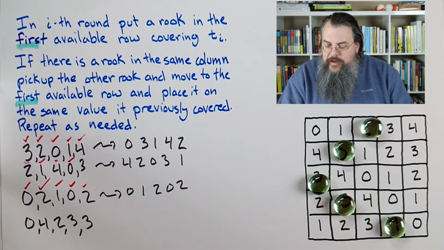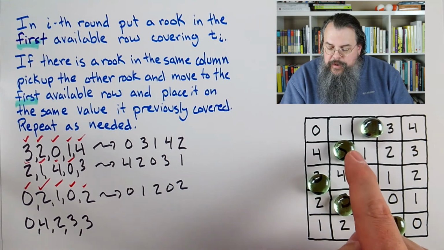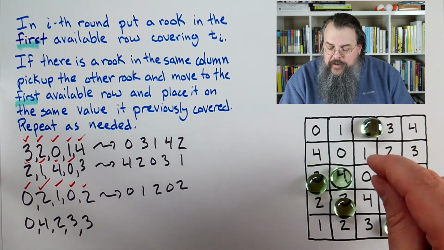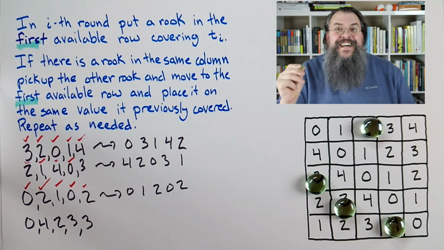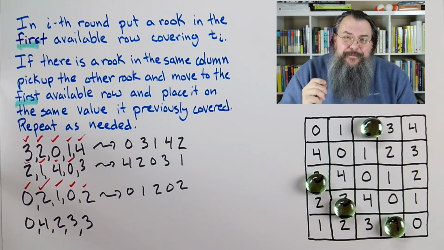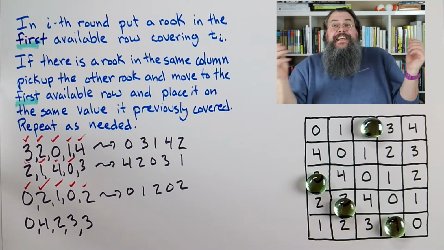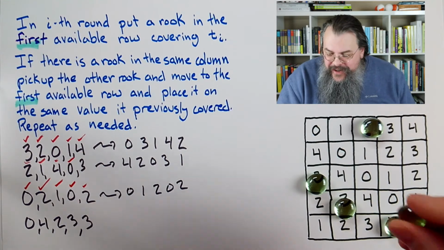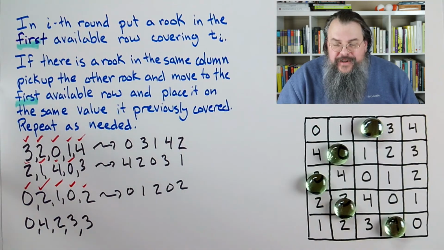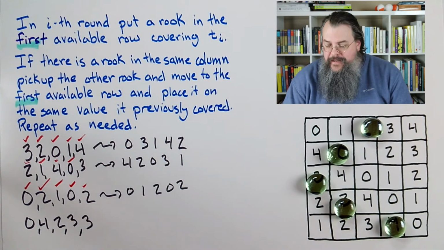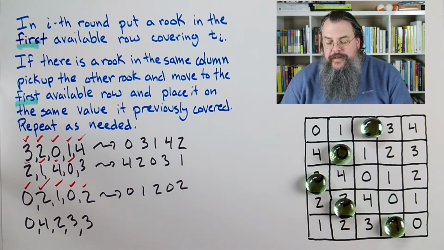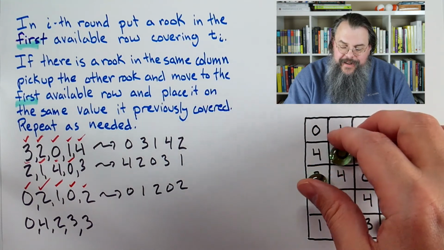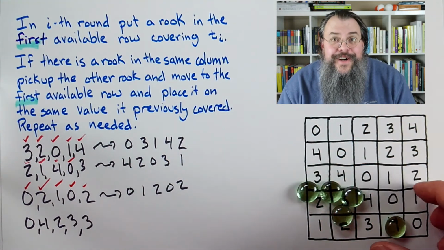And you might say, okay, so pick this up, the conflict, and move it into the first available row. But what's happened? There is no available row, because the only row that's empty is the row it came from. And that row doesn't have the right number uncovered. So wait, I thought this was supposed to work.